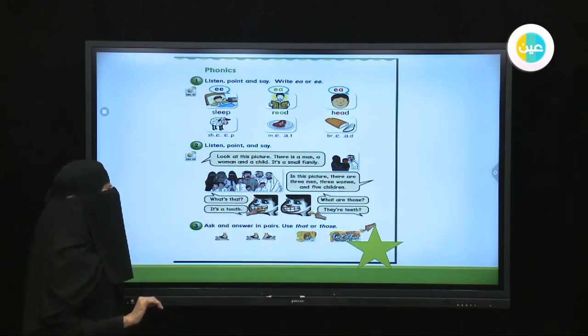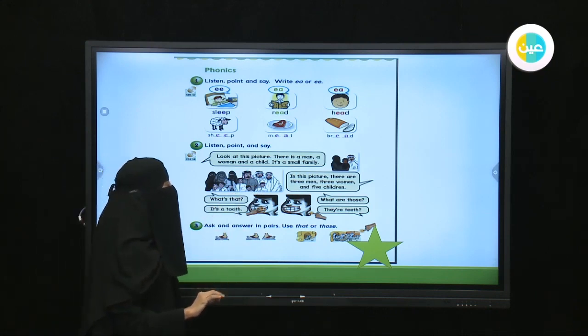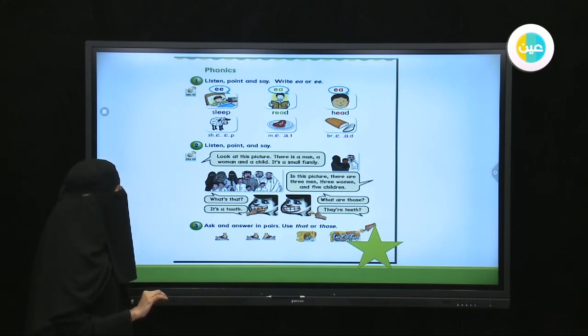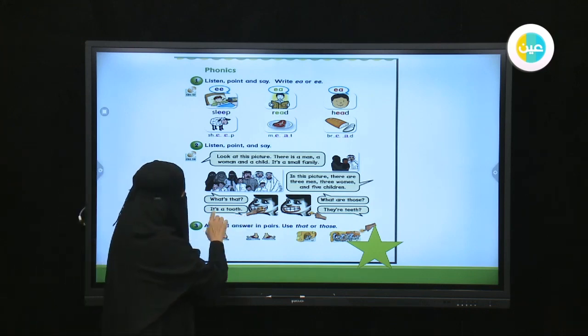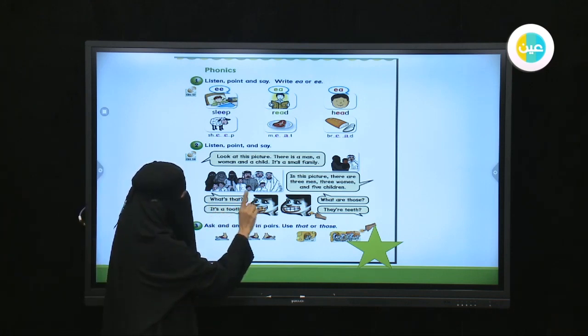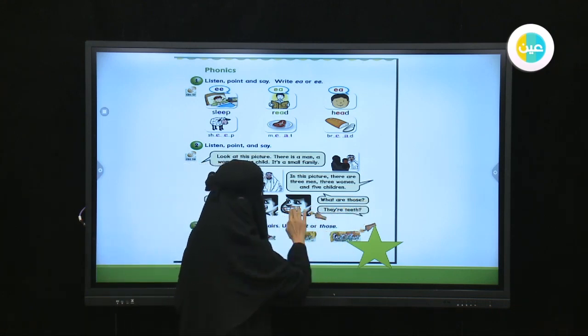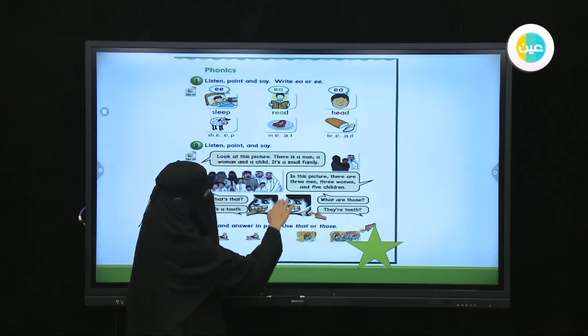I didn't add an S. No, I changed the word. You understand? So this is what we call irregular plural. Okay, this is the first point. And here also we have, what's that? It's a tooth. One tooth. Here it says, what are those? Those are teeth.